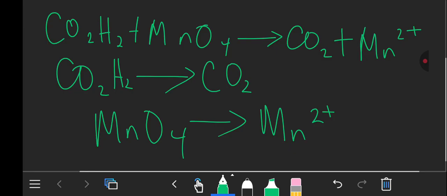The first one, we have oxygen there, it is 2, carbon is balanced, hydrogen. So to balance hydrogen, we add just 2 hydrogen ions. Okay, then the charge, we've noticed that the charge here is 0 on the reactant side, on the product side it is +2.